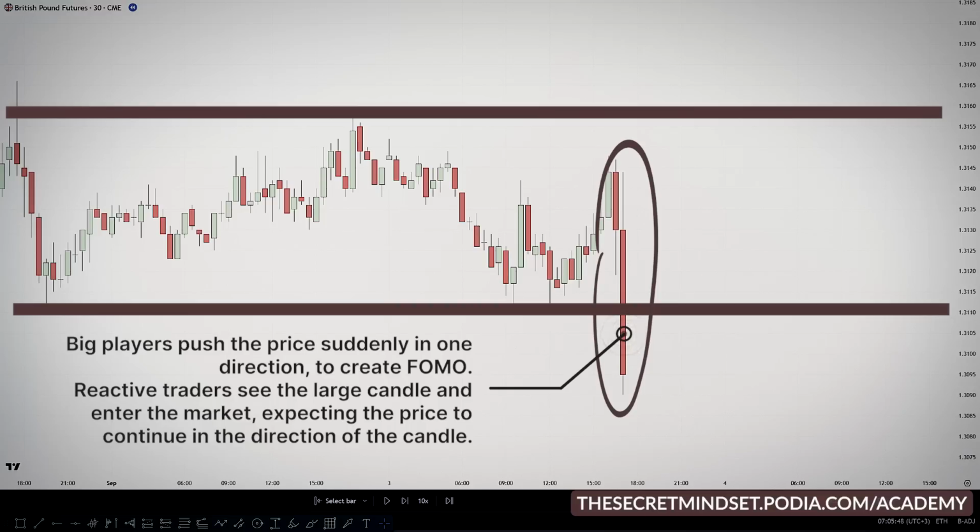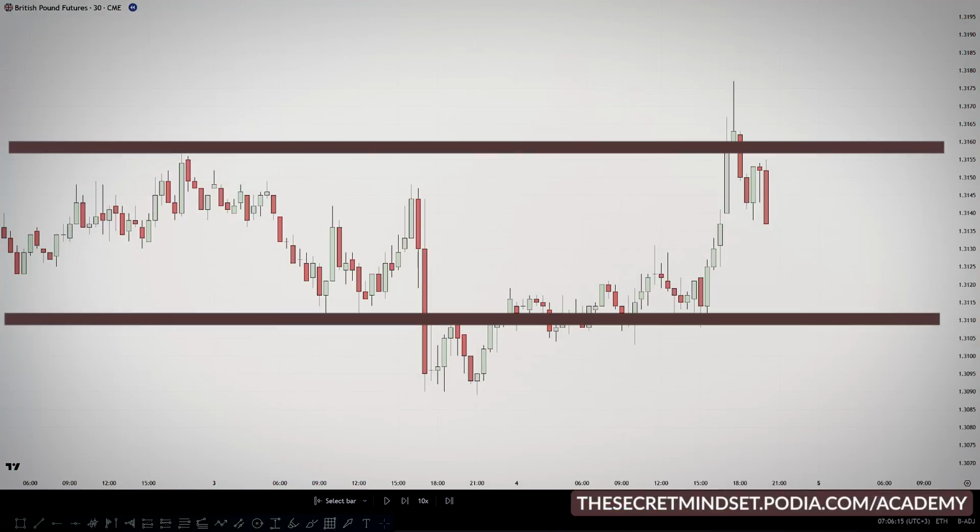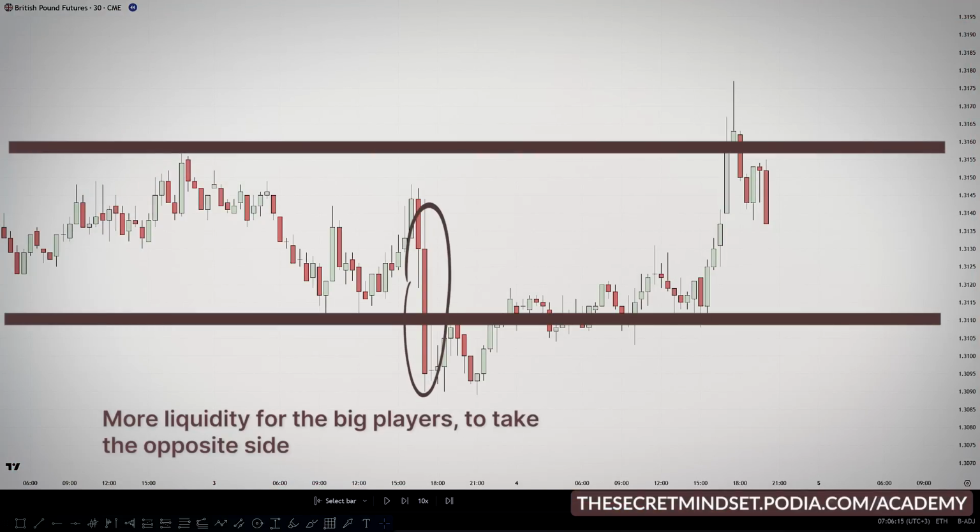Reactive traders see the large candle and enter the market, expecting the price to continue in the direction of the candle. This adds more liquidity for the big players to take the opposite side of the trade. The large candle is essentially a trap.